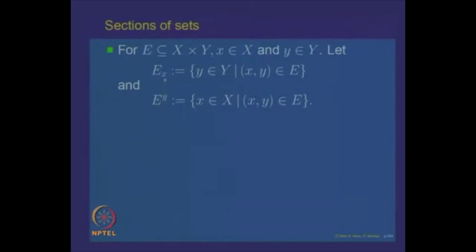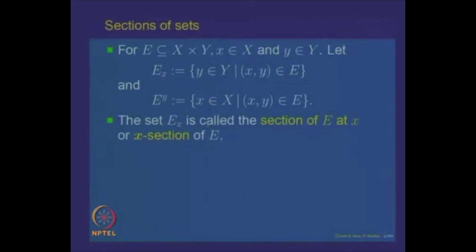Whenever the point is coming from X, we will write it at the bottom, E lower x, and whenever it is coming from the set Y, we will write E superscript y on the right side, as all points x in X such that (x, y) belongs to E. These are what we call the sections.